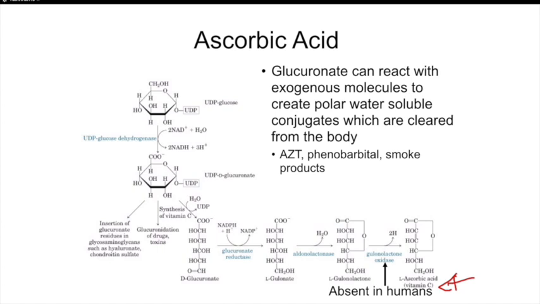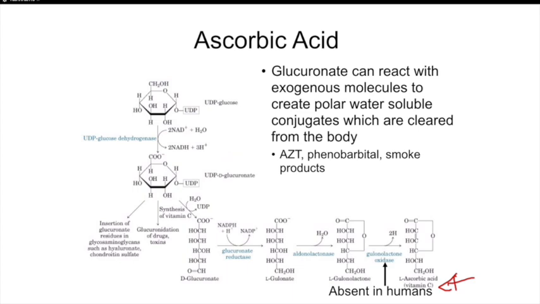And what happens is this activated sugar, that's activated because it has a UDP, is able to react with things that are exogenous or not supposed to be in the body. And so what we see with, let's say, someone that has taken a drug, one of the ways that drugs work, most of the time they're very hydrophobic, and they only last a certain period of time.